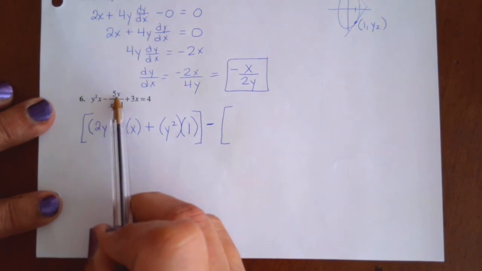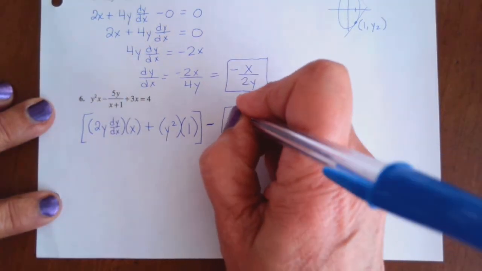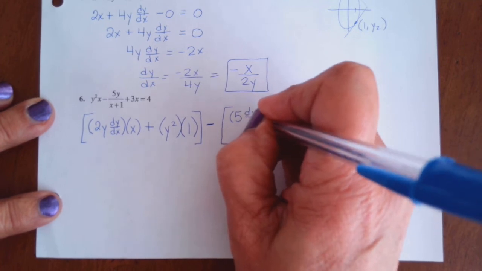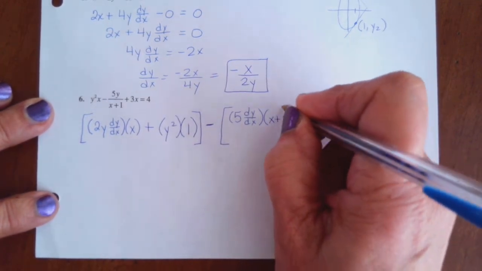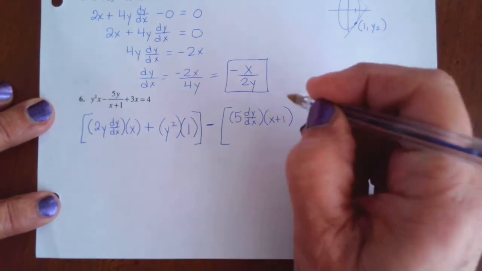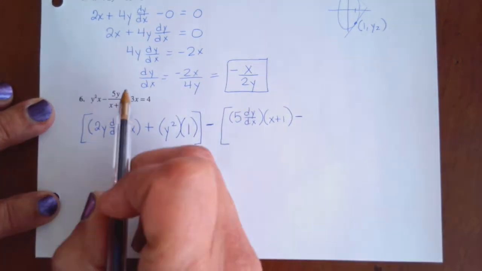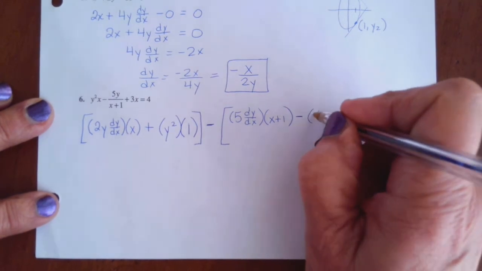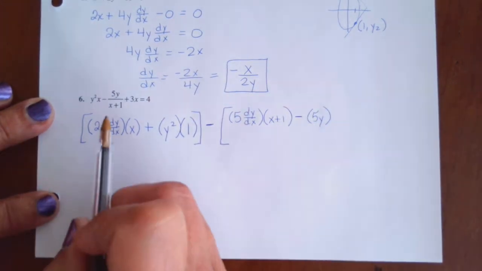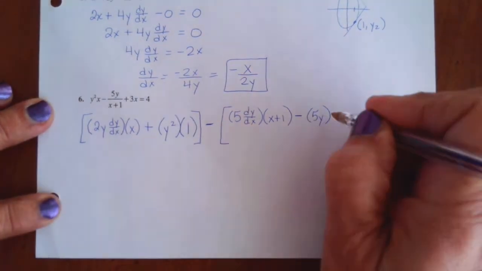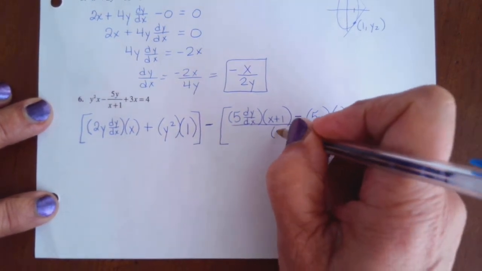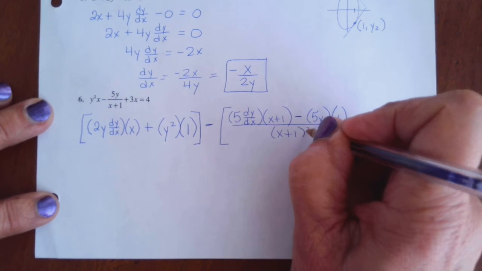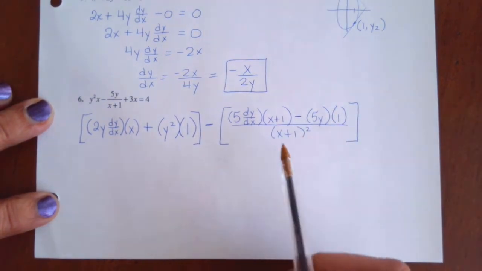So the derivative of the top is 5 dy dx, and then times the bottom of x plus 1. Okay, then minus the top function, which is 5y, times the derivative of the bottom, which is 1, all over the bottom squared. Okay, so there's the quotient rule for that.